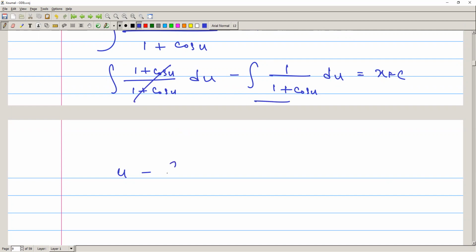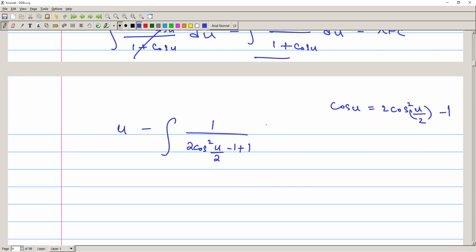We can write this as 1 over 2 cosine squared of (u over 2) minus 1 plus 1, right? Because cosine u is equal to 2 cosine squared of (u over 2) minus 1, right? And du, this is equal to x plus c.